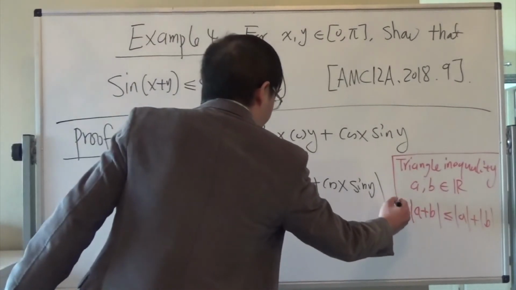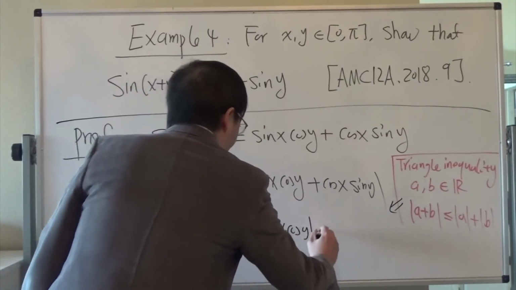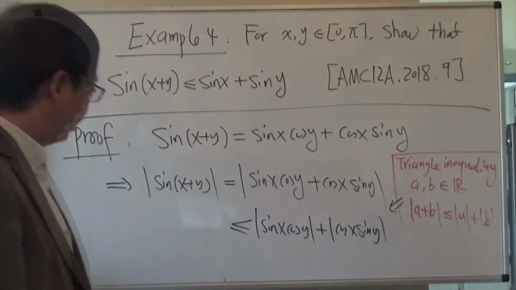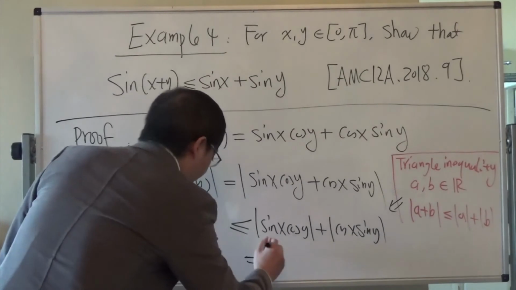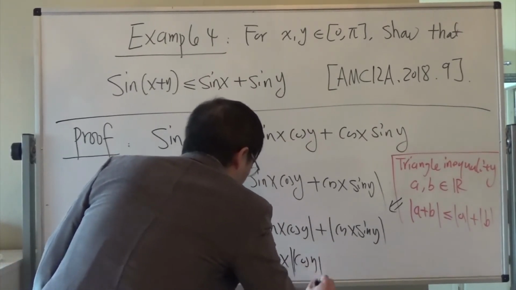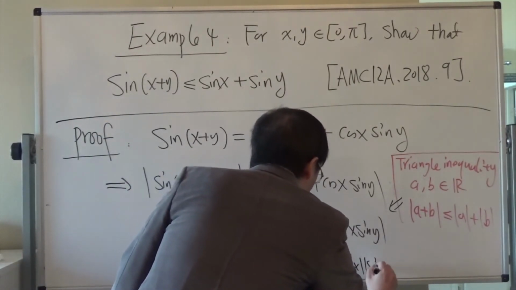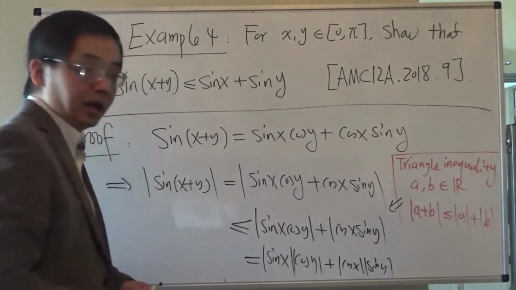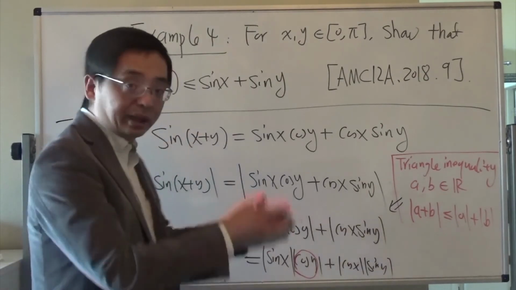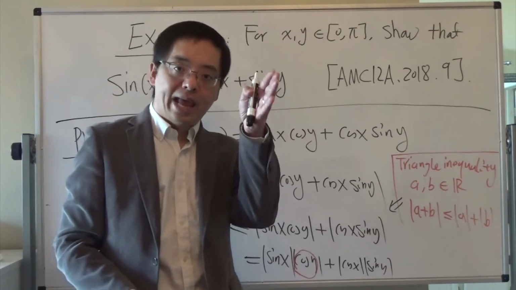By that, this is less than or equal to the absolute value of sine x times cosine y plus the absolute value of cosine x times sine y. This equals the absolute value of sine x times the absolute value of cosine y, plus the absolute value of cosine x times the absolute value of sine y. Now the point is, for cosine y, regardless of whether it is positive or negative, it's always between -1 and 1.